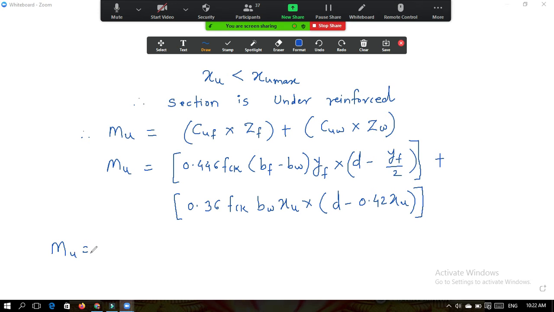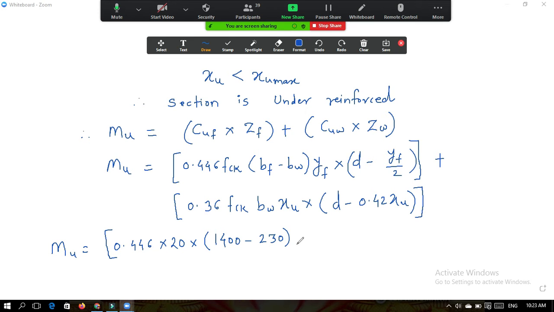So Mu is equal to 0.446 into, so what is our FCK value? We need to see what is the grade of concrete for that. Our grade of concrete is, I think, M20. So multiplied by 20 into, here it is BF minus BW. So width of flange BF is 1400 into YF.